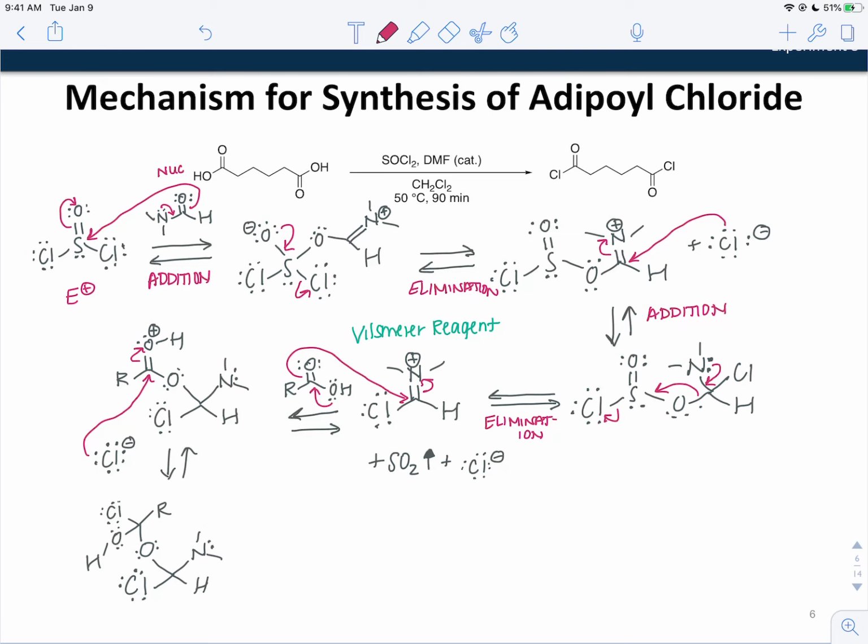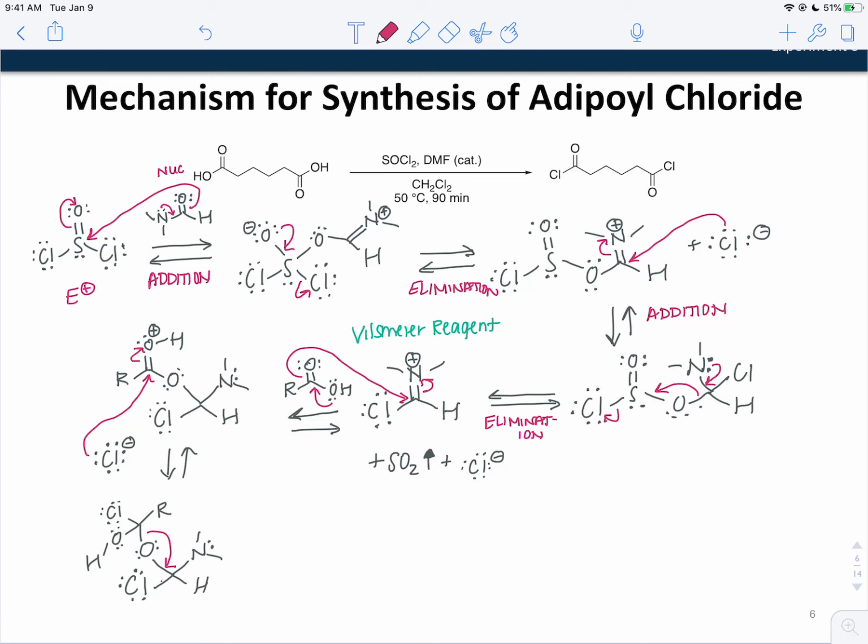And so what happens ultimately is that we reform the carbon-oxygen double bond that we have here. And that's going to essentially regenerate our DMF. Now we've got to break one of our carbon bonds that we have there.